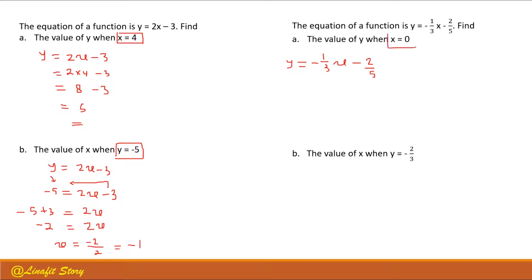Then substitute x with 0. So negative 1 over 3 times 0 minus 2 over 5. Negative 1 over 3 times 0 is 0. 0 minus 2 over 5. So the answer y is negative 2 over 5.